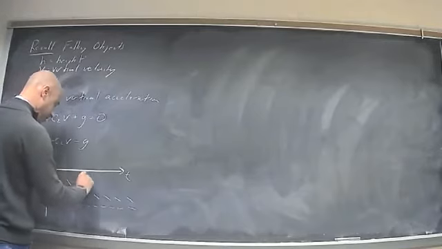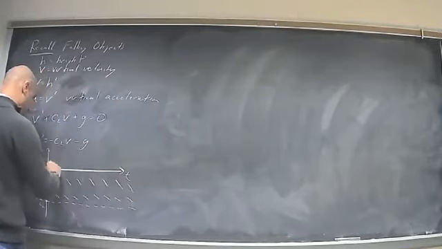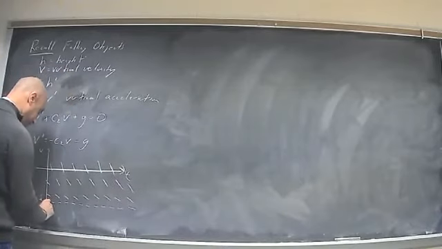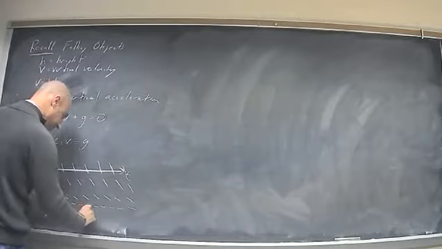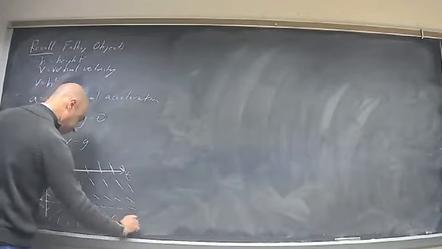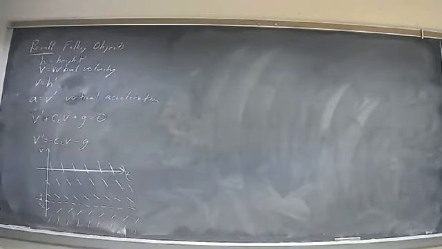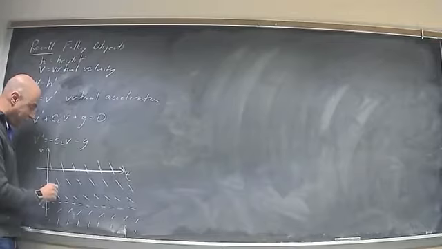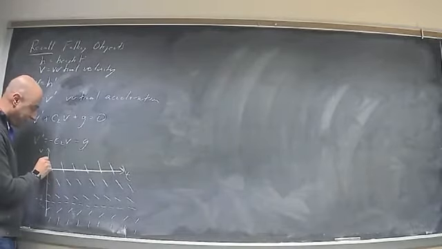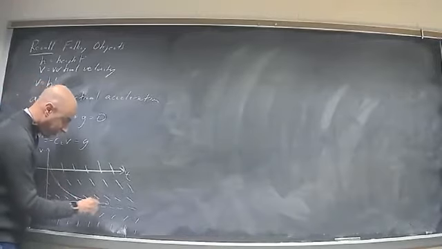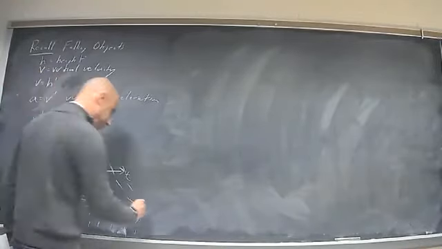The further you go up, the more negative the slope becomes. And then above that, we have lines with positive slope, and so on. And the idea, of course, is that if I have a curve which starts with some particular velocity, that velocity eventually gets closer and closer to this terminal velocity. Here's our terminal velocity.